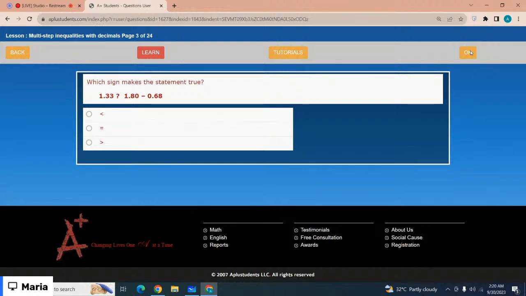Which sign makes the statement true? 1.33 and 1.80 minus 0.68. So which is the correct option?